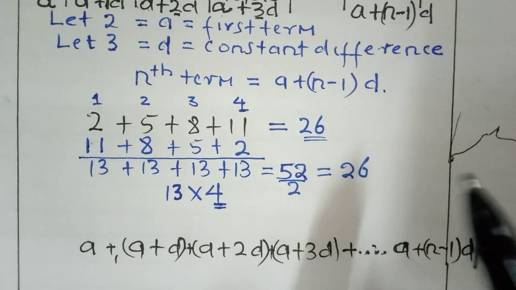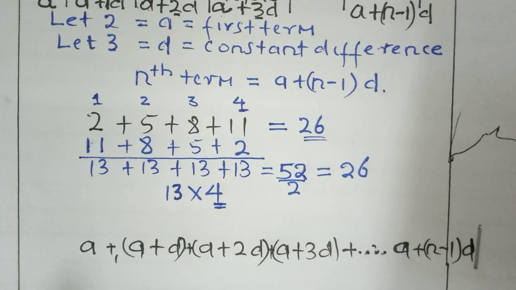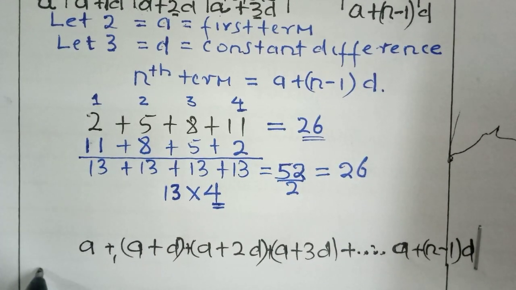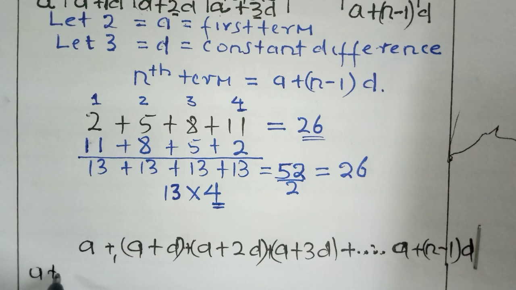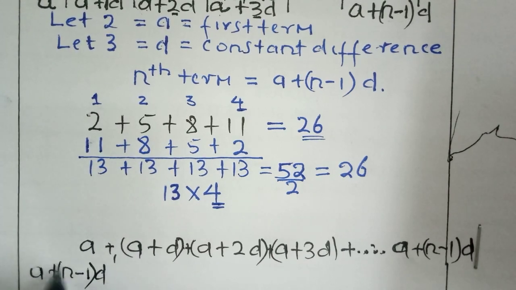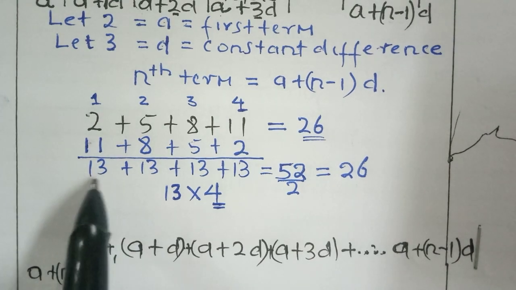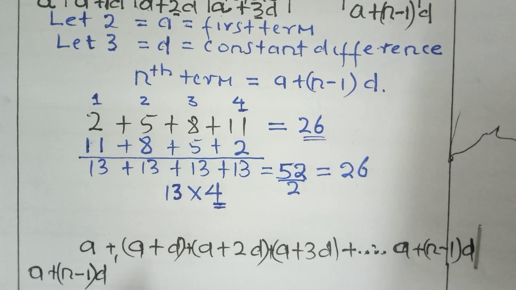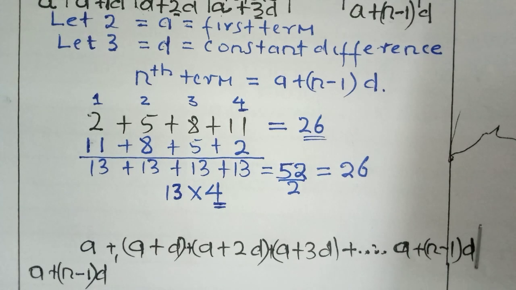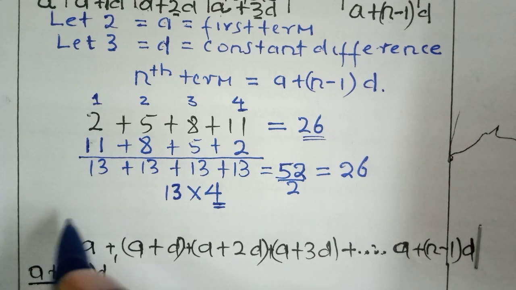So guys, just as I have brought this 11 on this side, I'll bring this on this side. So on this side, it will be a plus n minus 1 d. And trust me, whatever answer we get here will be the same for all of them. And remember, here we have n terms.